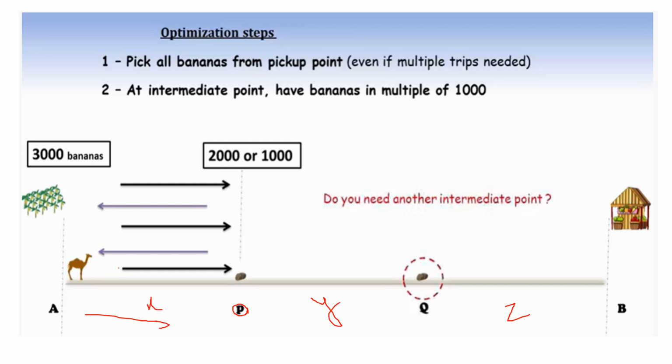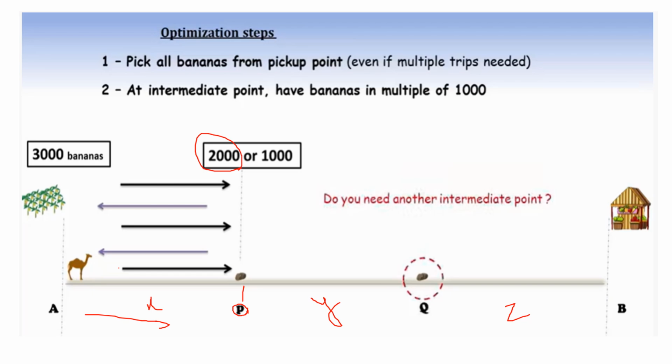Assume it travels three times in this direction and two times back. So totally it has to travel 5x, and assume we have 2000 bananas here. Either it can have 2000 or 1000. Here I am assuming that after traveling 5 times the x distance, the camel is having 2000 bananas at point P.